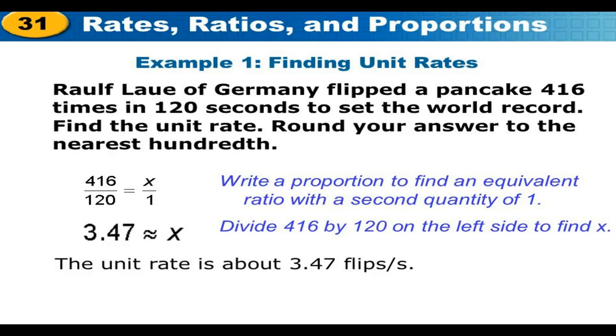Then you're going to cross multiply as you always do in proportions. 120 times x equals 1 times 416. If you leave x by itself, you will find out that x is 3.47, or the unit rate. In this case, he did 3.47 flips per second.